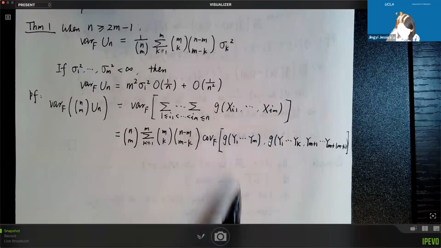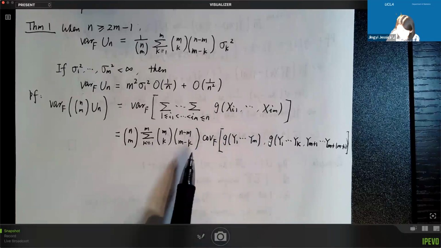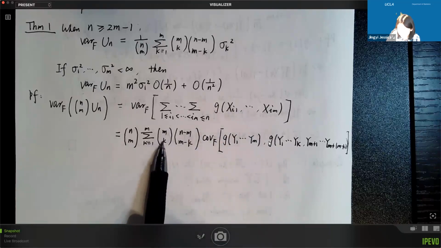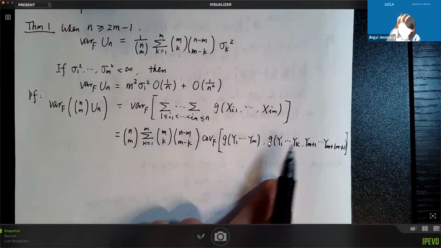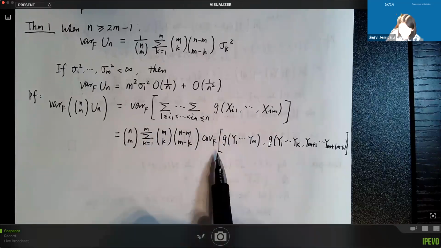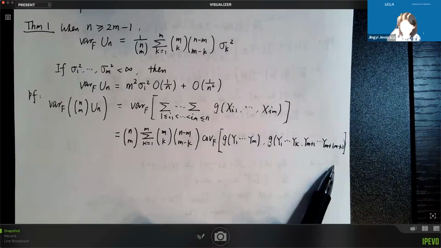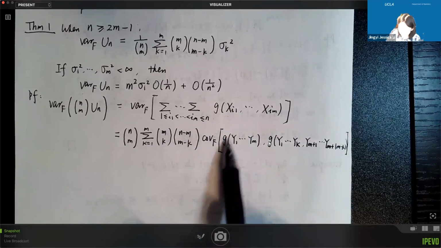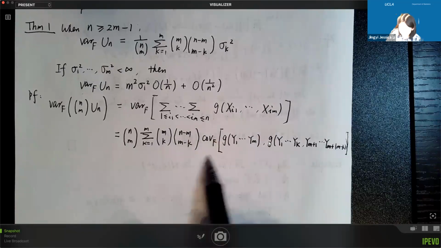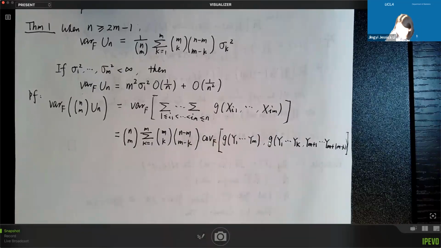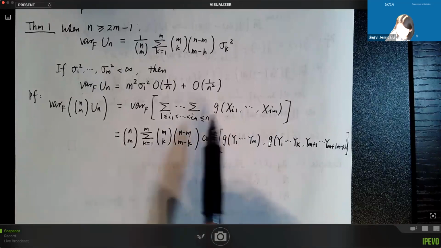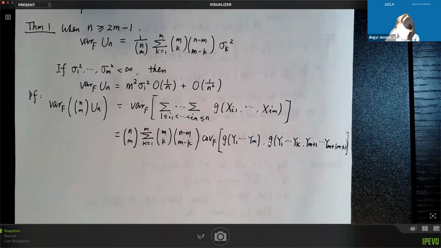When k is equal to m, then I would have this term exactly as the variance of g(X_i1, ..., X_im). Otherwise, between two terms, I need to consider their overlap.